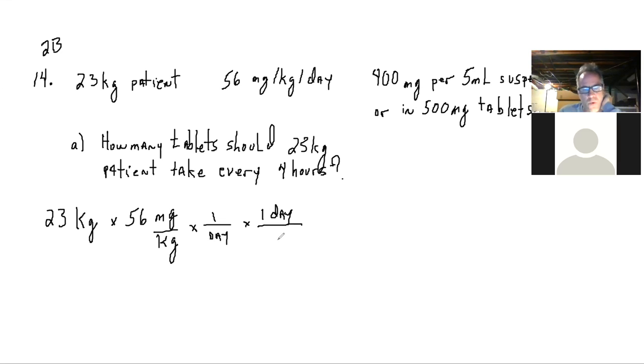Now we're looking for 4 hours. So if I think about 4 hours, and there's 24 hours in a day, 4 over 24 is 1/6, or 4 hours is 1/6 of a day. So 6 here, and we're going to put right here just for reference this 1/6. And I wrote days, and I meant hours. So it's per 4 hours. Okay.